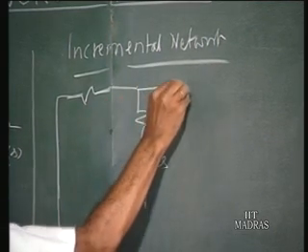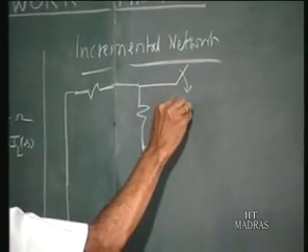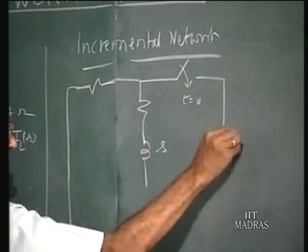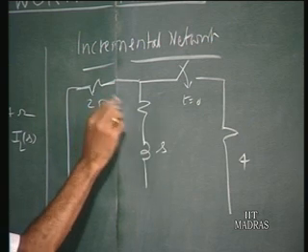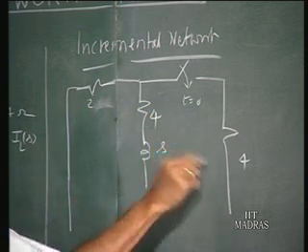Here again the switch is closed at t equals 0, and then you have 4, this is also 2, this is 4, this is 4.